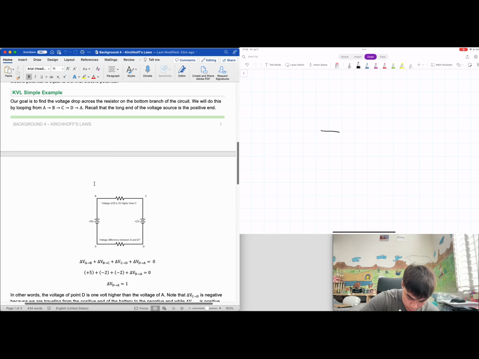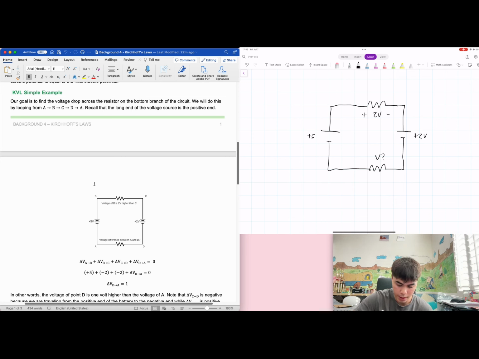We have a battery that's plus 5 volts right there, and then we have a voltage drop of 2 volts right there, and then another battery right there, and it asks what is the voltage across this battery, and has these labeled A, B, C, D.